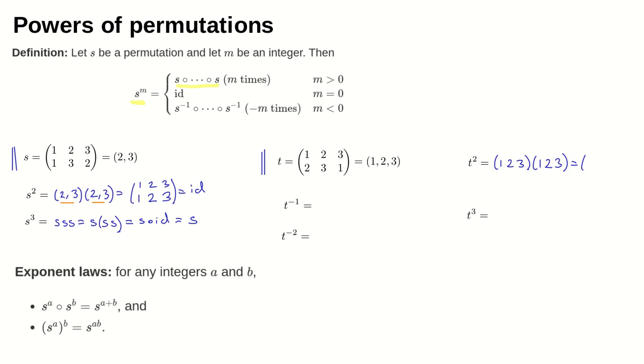First of all, 1 goes to 2, and next 2 goes to 3. So 1 is sent to 3, and then 3 goes back to 1 here, and then goes to 2. So 3 goes to 2, and then finally 2 goes to 3 here, and then 3 goes back to 1. So we've completed our cycle, and t squared is equal to the 3-cycle (1 3 2).